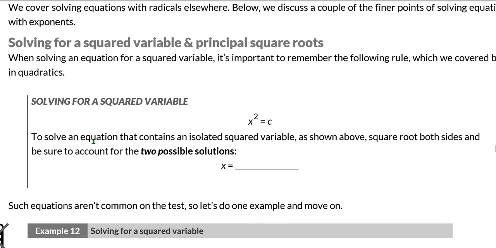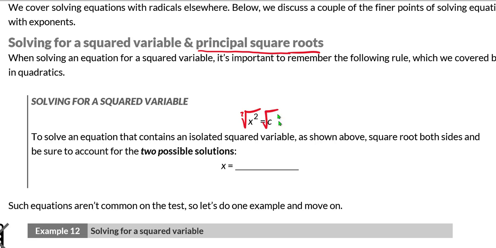Let's talk first about solving for a squared variable, and I mentioned this before a few pages ago, principal square roots. So we have to understand that if we are solving for a squared variable, so if we have x squared equals some value c, when we square root both sides so that we can get rid of the square on x, in other words, so we can isolate x, remember when we take the square root of x squared, we just get x.